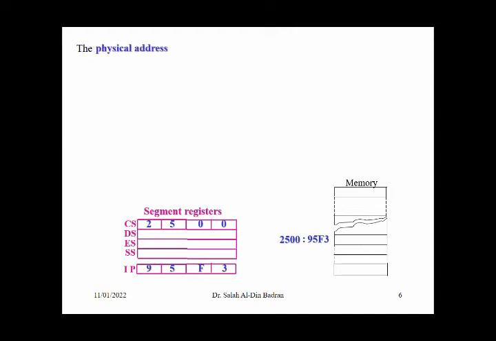Now, we talked about the logical address. What about the physical address? The real life address, the physical address for the location of the instruction, is generated in the following way. The microprocessor sends this instruction to the memory.